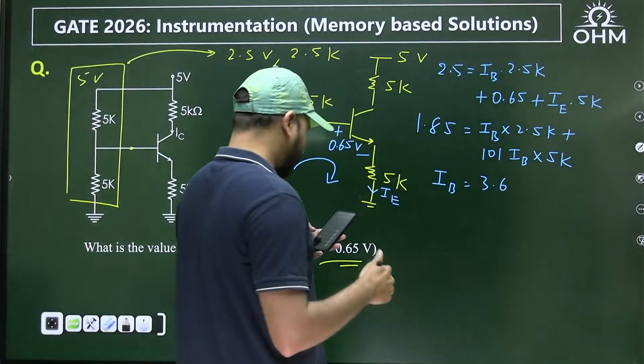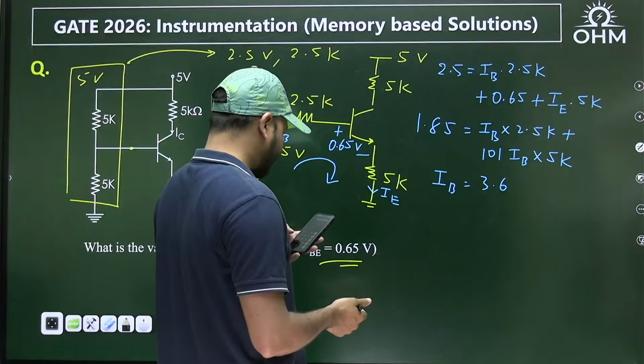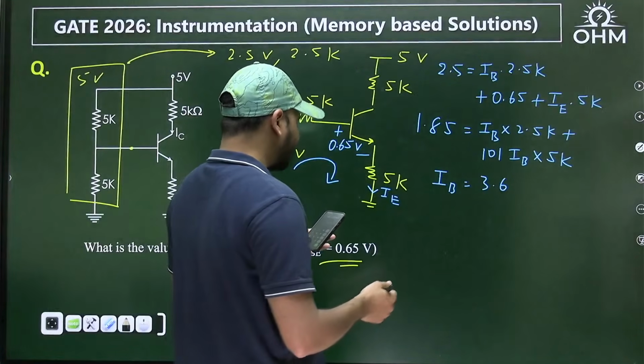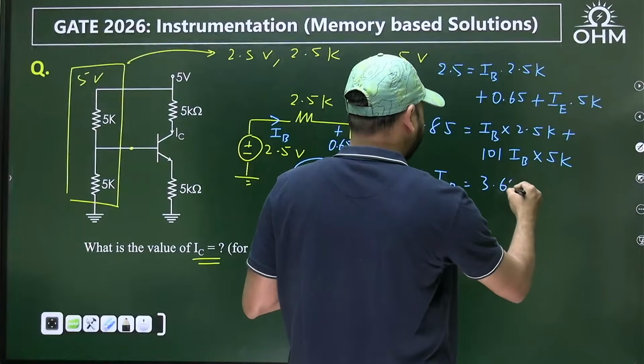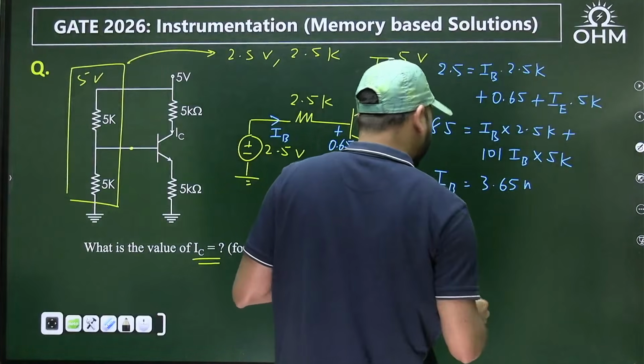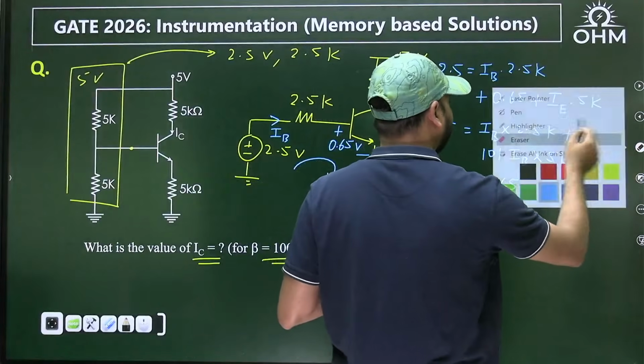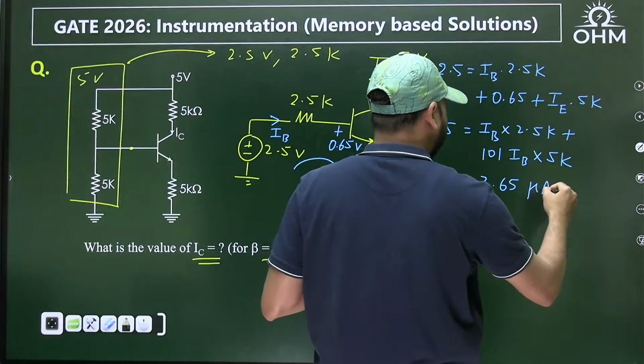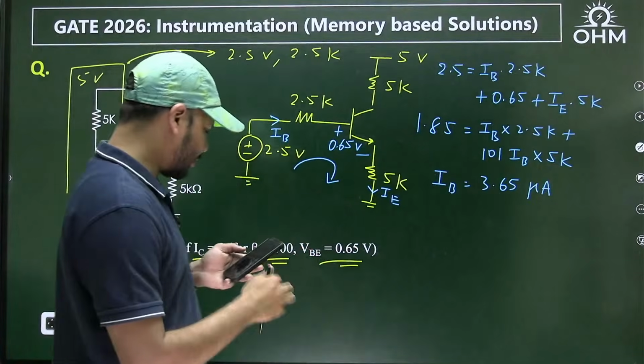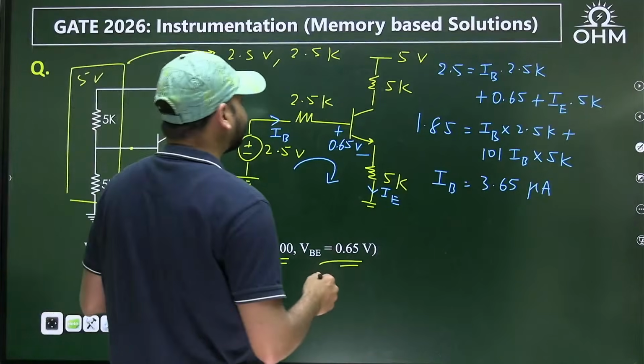So the value that I am getting is 3.65, not milli, micro. That is the base current that I am getting. Okay, 3.65 microamps. That is the base current.